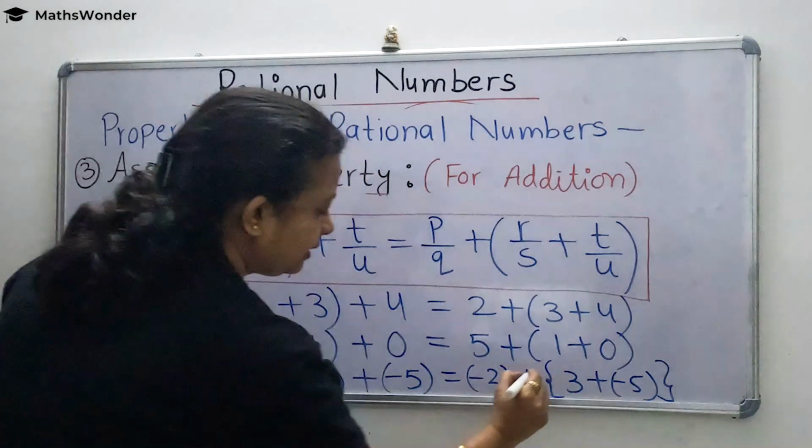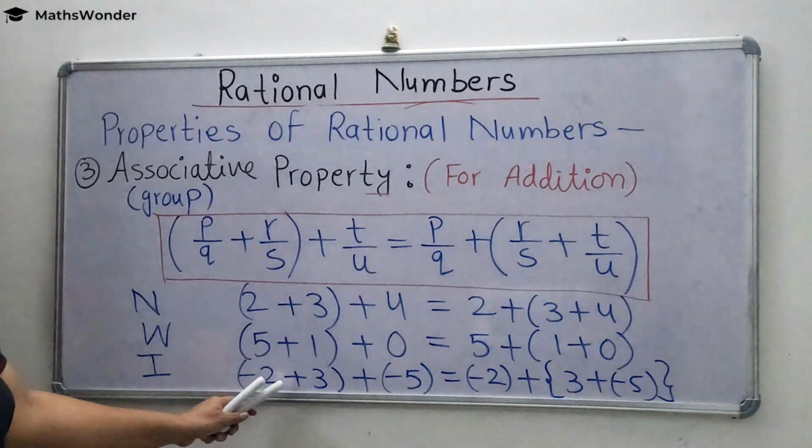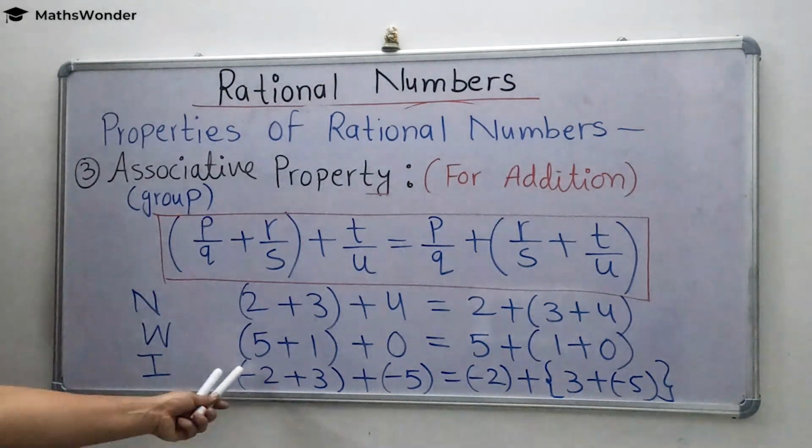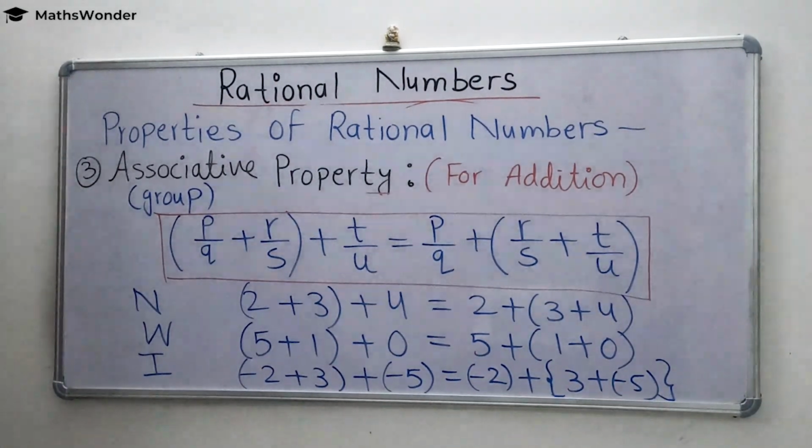Now check, is your answer the same on both sides? Solve the parenthesis first: negative 2 plus 3 is 1, and 1 minus 5 will be negative 4.